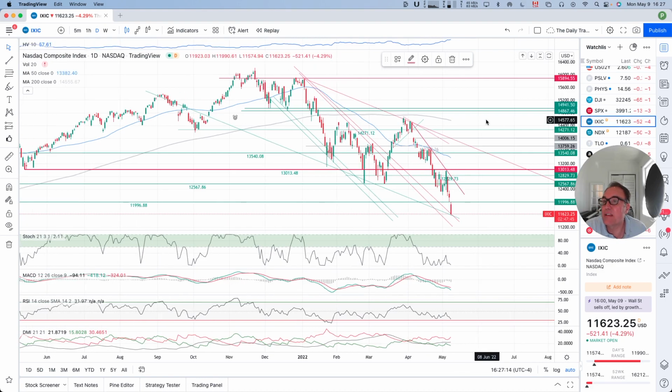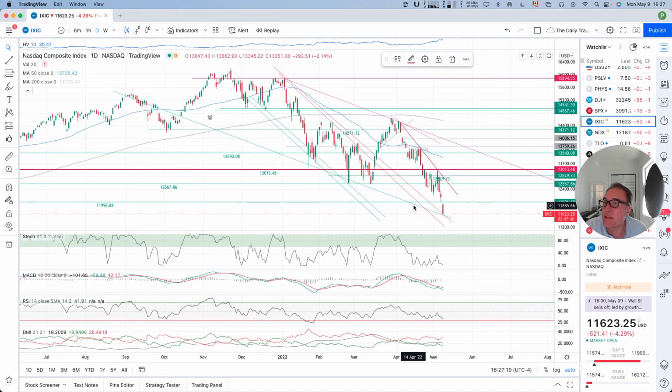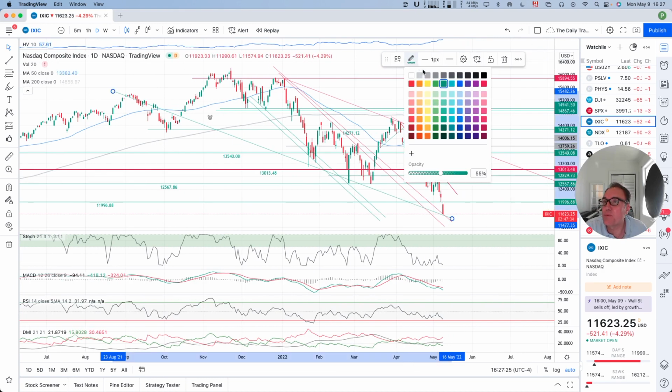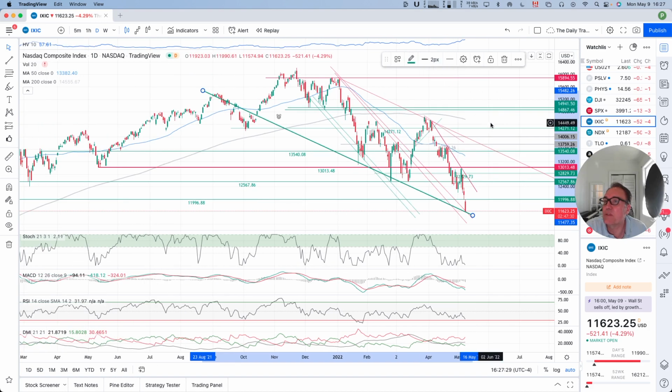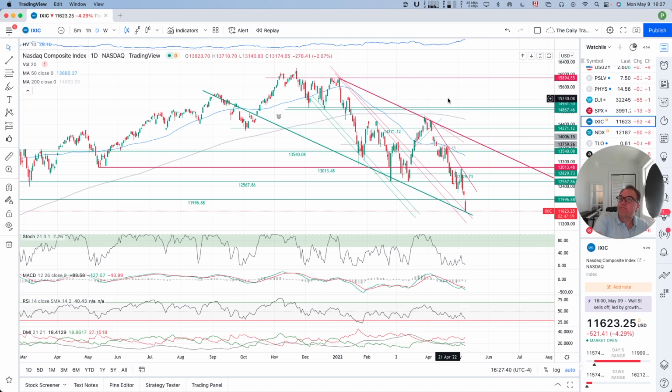Looking at Nasdaq Composite, same thing. We see here that the candle has stopped on our support right here. Let me make it darker a little bit and maybe thicker so that you see it. This is basically the downward support that we are in. Going down.